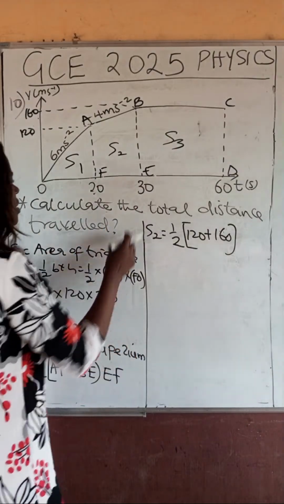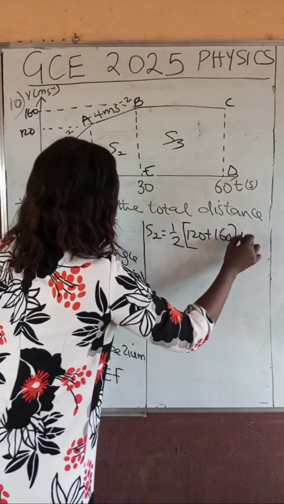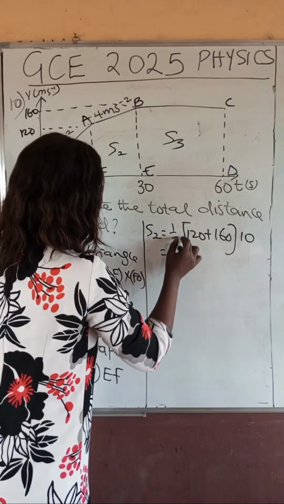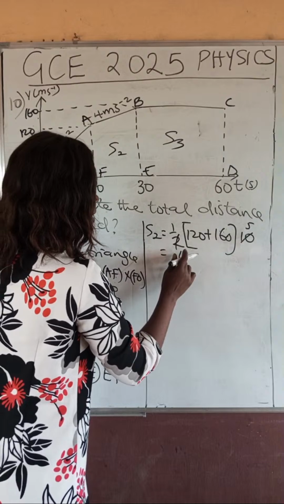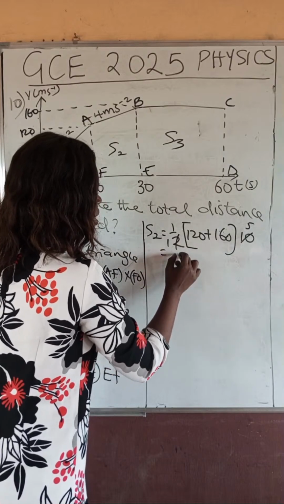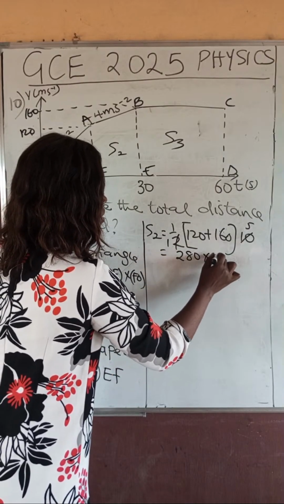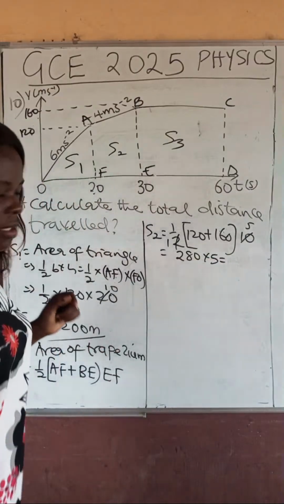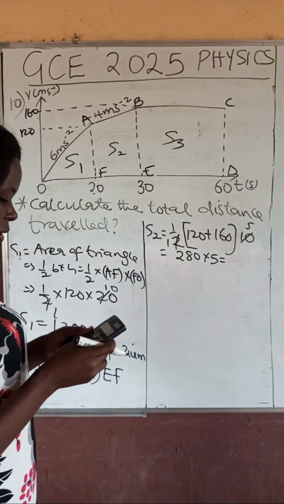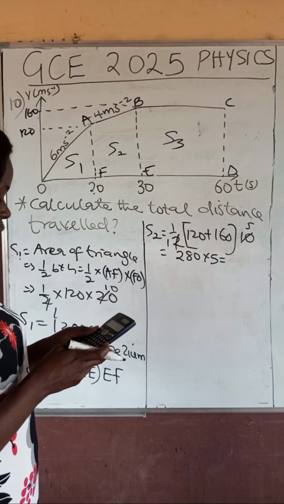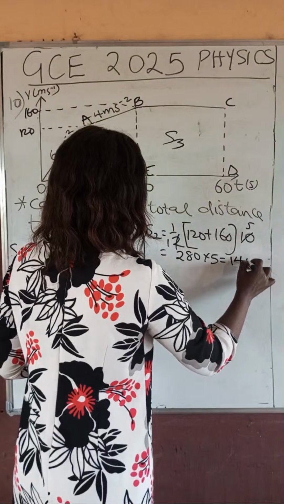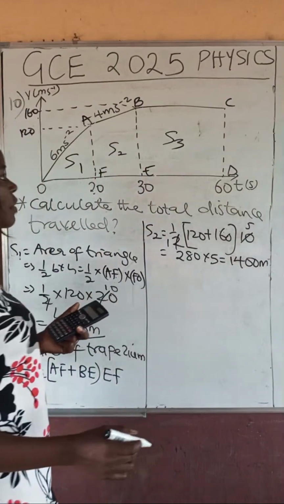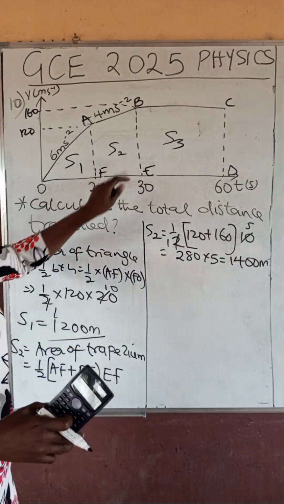My EF, the difference between this and this is 10, so this will cancel to give me 5. Now when I add, I will have 280 multiplied by 5. The answer is 1,400 meters. That is for this.